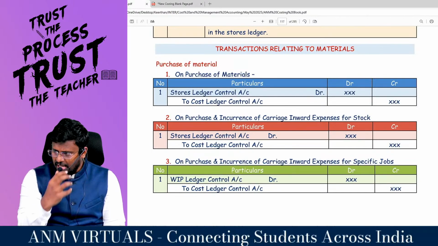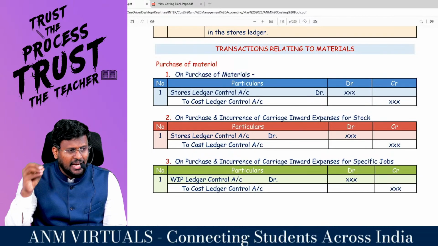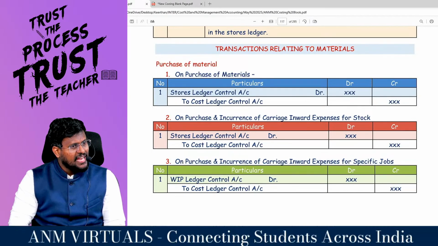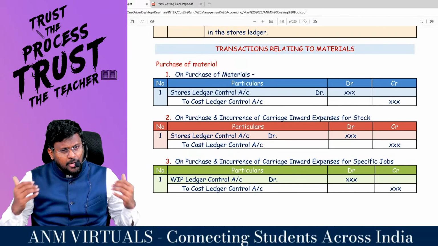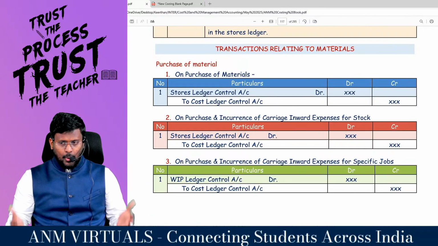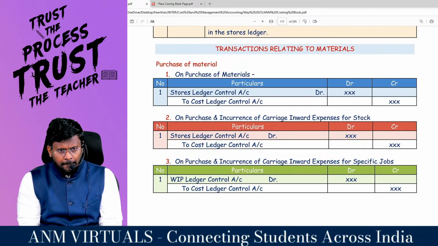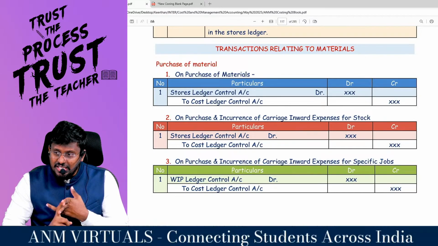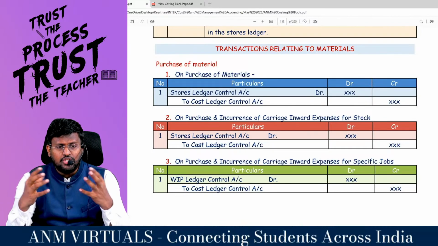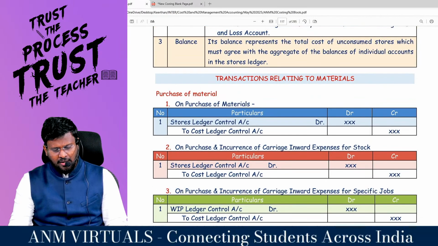And selling and distribution overhead should be absorbed by the cost of sales. One overhead has to be absorbed by one cost center. So in costing, I should know what cost I have incurred, what the cost center is, and who is going to absorb that cost. I'm going to discuss one by one.